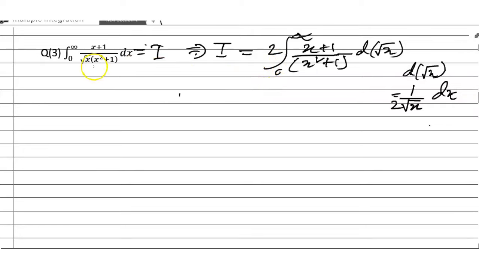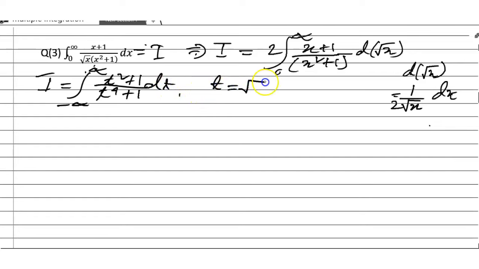That's why I write this way, and after that I can write I equals the integral from minus infinity to infinity, (t square plus 1) divided by (t to the power 4 plus 1) into dt, where t equals root over x, and if f(t) is equal to (t square plus 1) divided by (t to the power 4 plus 1).